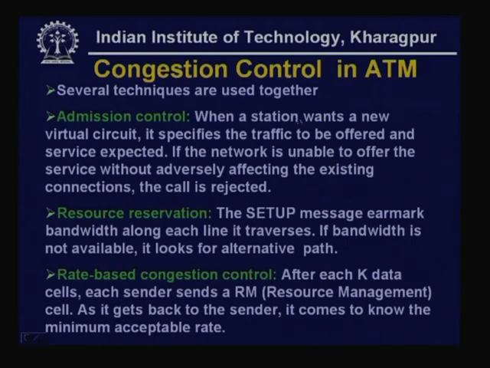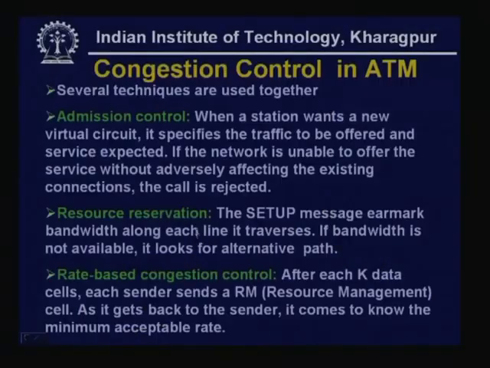Admission control: when a station wants a new virtual circuit, it specifies the traffic to be offered and services expected. If the network is unable to offer the service without adversely affecting the existing connections, the call is rejected. So, as we have seen, a particular circuit may not be allowed to set up.